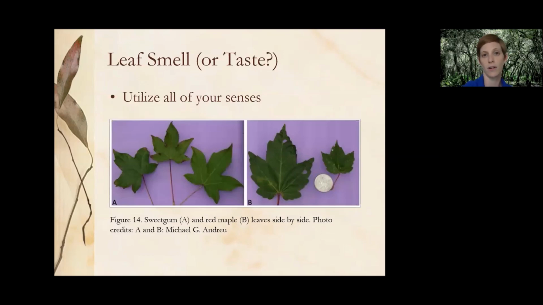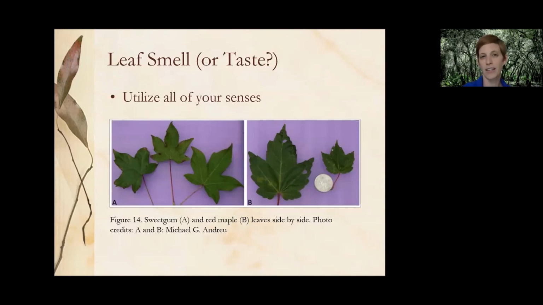The leaves look pretty similar, especially from far away, but if you have them in hand, you can either rub the leaf and it'll give off the oils, or actually crush it in your hands. The sweet gum gives off a very nice smell, and the red maple just smells like a leaf. I don't really know how to describe the odor, but smell in itself can be a distinguishing characteristic.